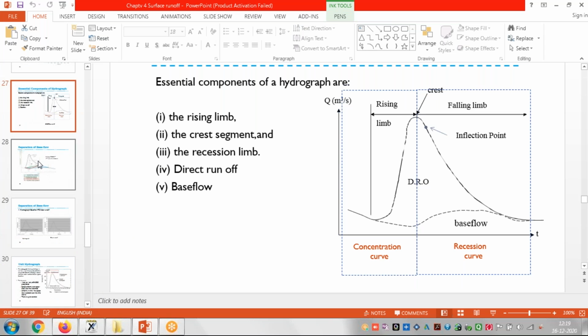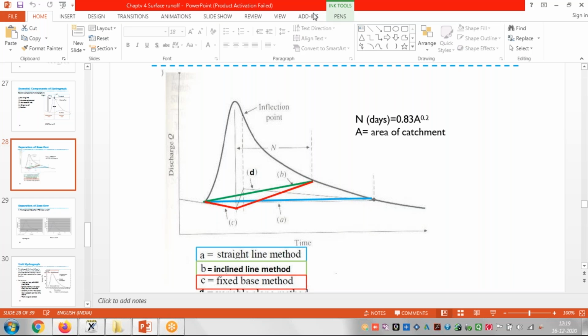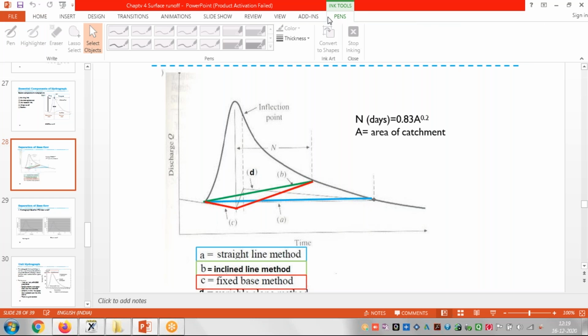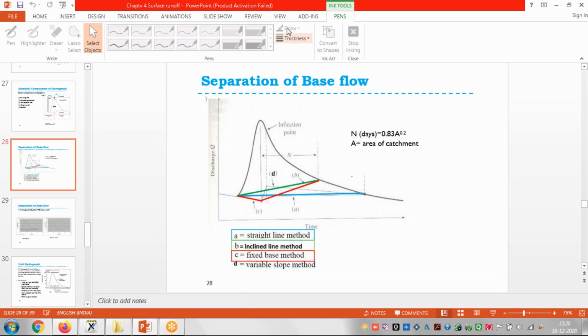Now, we had seen up to here in the last chapter. Here you will see that there is one method to separate the base flow. What is this n? This n is the number of days, calculated through the formula 0.83 times A raised to the power 0.2, where A is the catchment area.